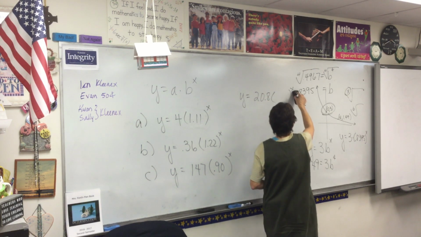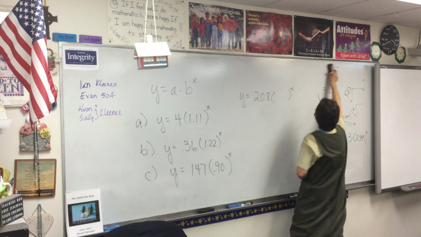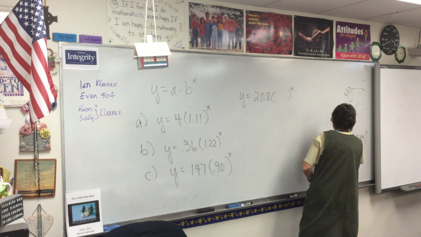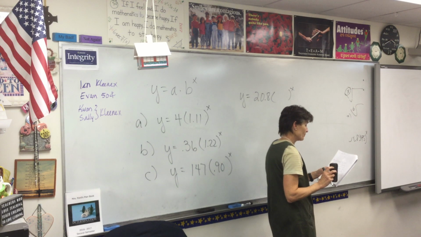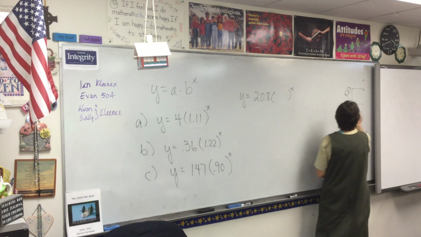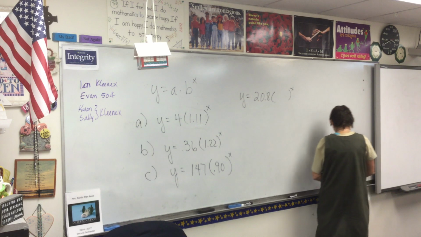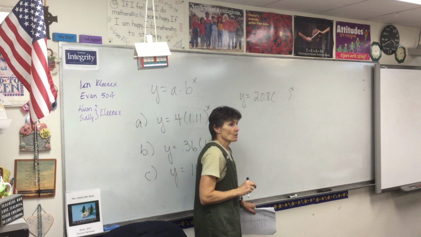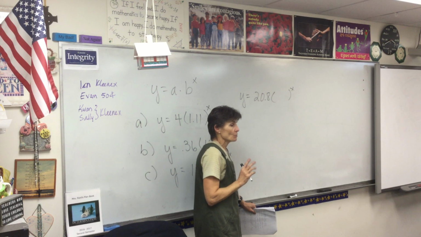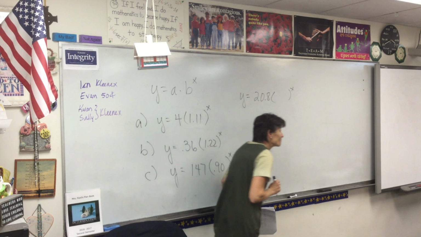Please don't forget there's an X on that. Don't forget the X when you write your equation. What's happening here? We are decreasing 4.5%. So remember, you have a calculator for all these, so you can figure that out. What is it?